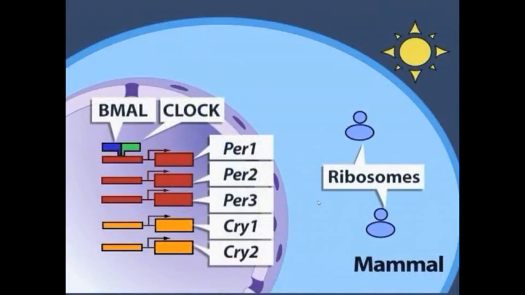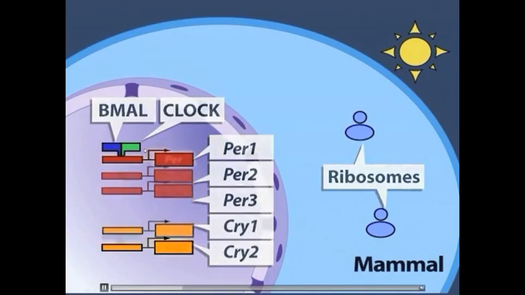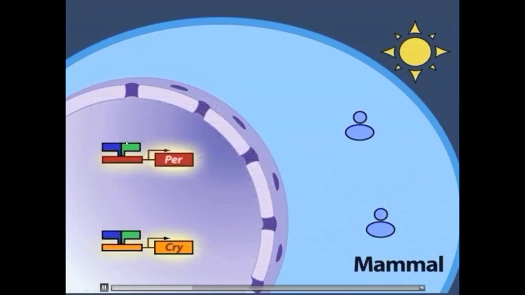So when I talk about the cell autonomous oscillator, this is basically our current understanding of what's called the core E-box loop after about 20 years of research on both the fly and the mammalian system. So there are two transactivators, BMAL1 and CLOCK, which bind to the promoters of the repressor genes, the Period and the Cryptochrome genes, activating their transcription.